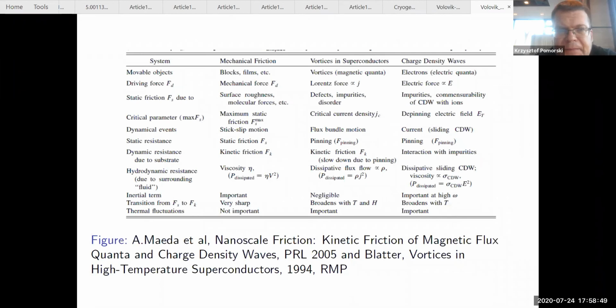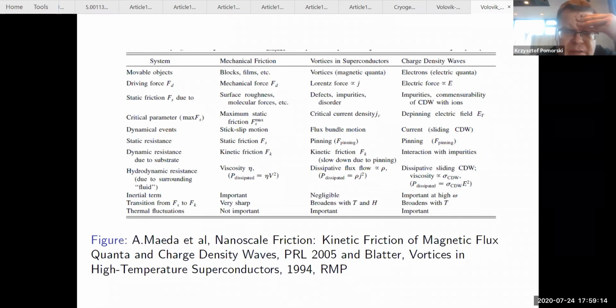Then you have a critical parameter for static friction, the maximum static friction, and here you have the critical current density. And there is viscosity, like hydrodynamic resistance, and dissipative flux flow.